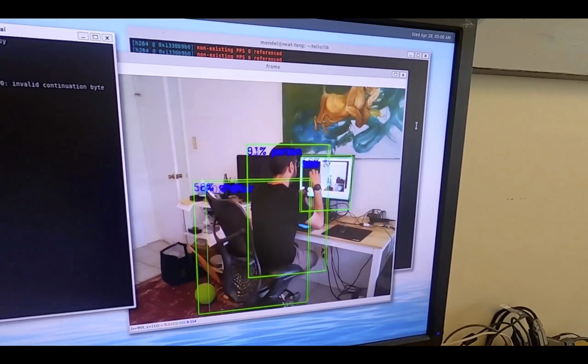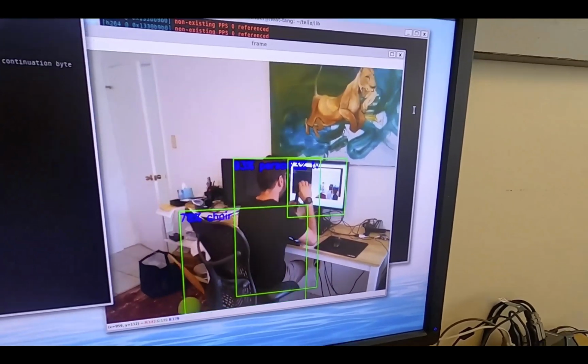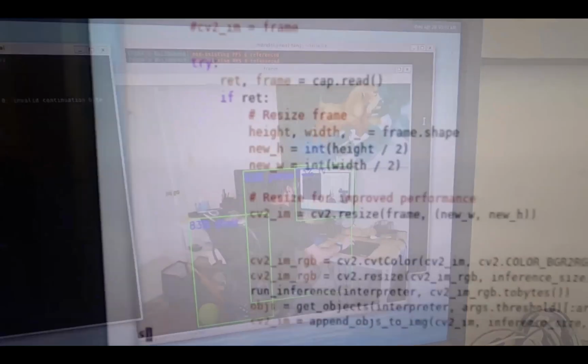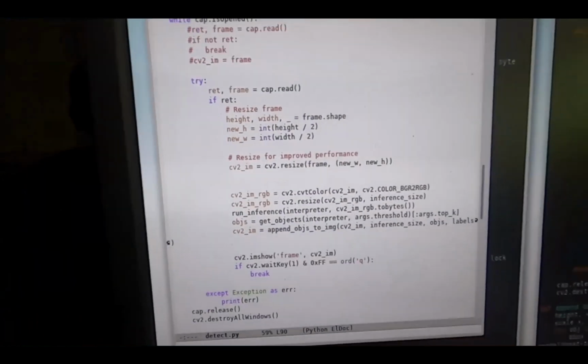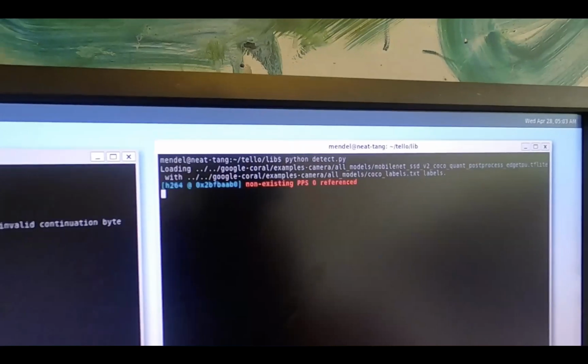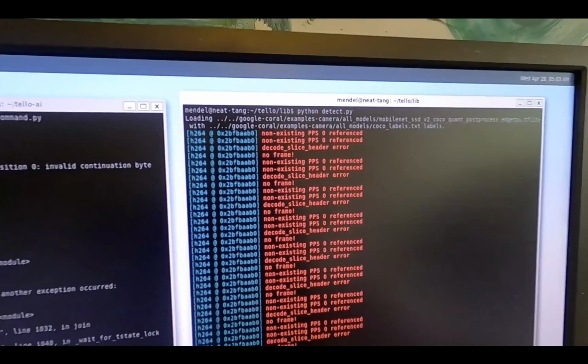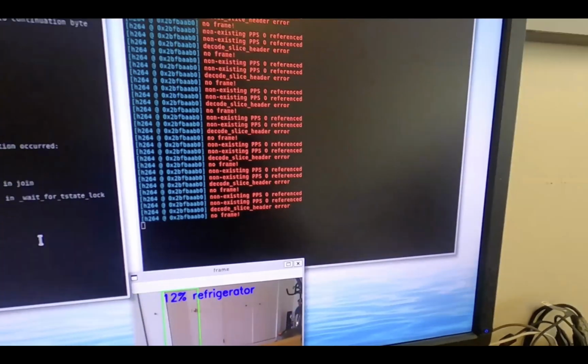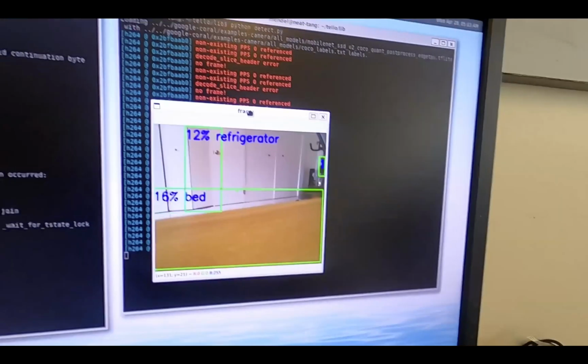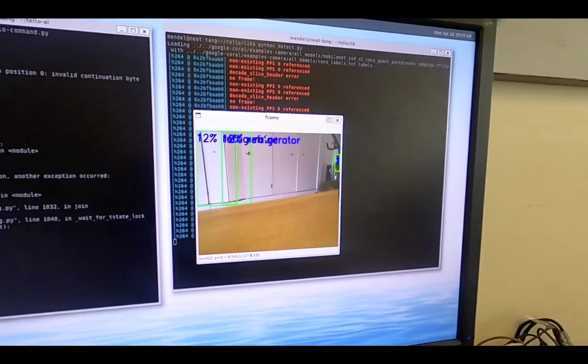And here I think I increased, if I'm not mistaken, the threshold. So here is where I uncomment that, just to show that the frames are smaller. It's a bit faster, not much.